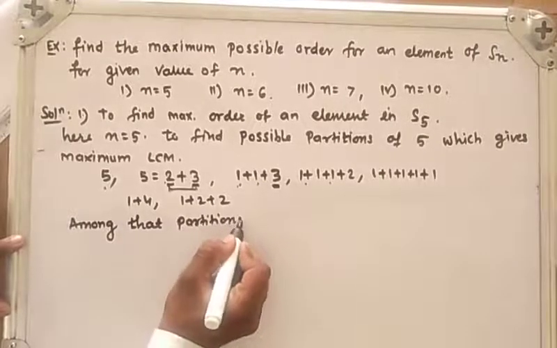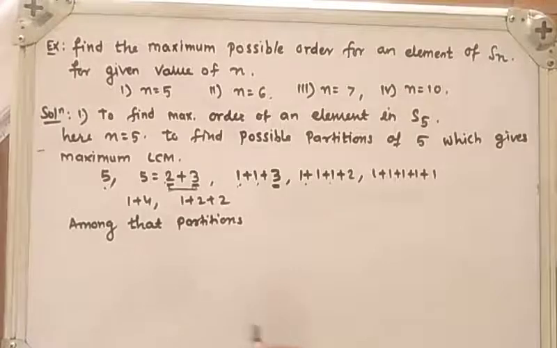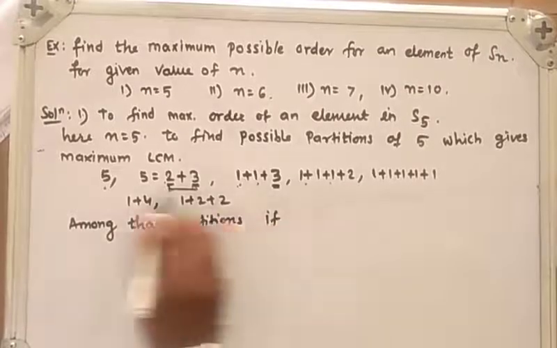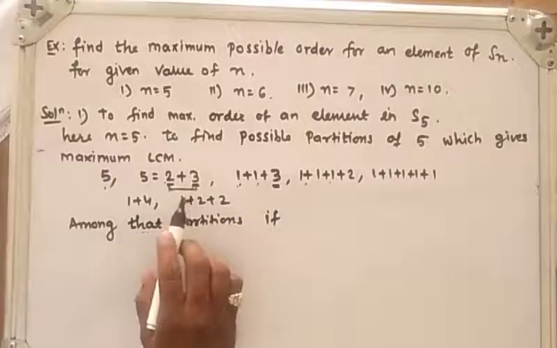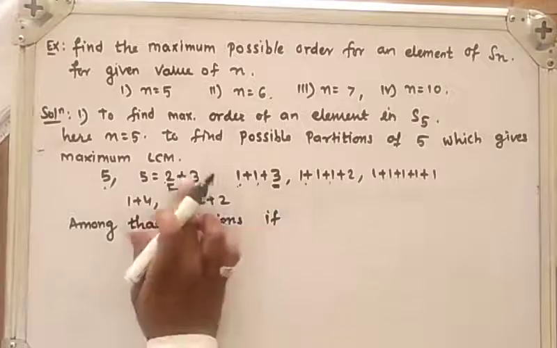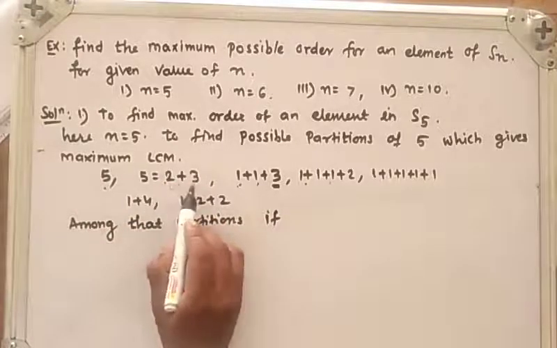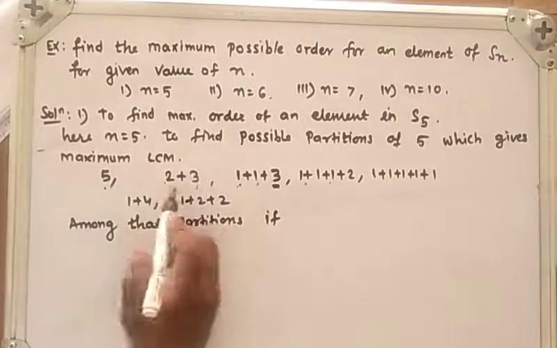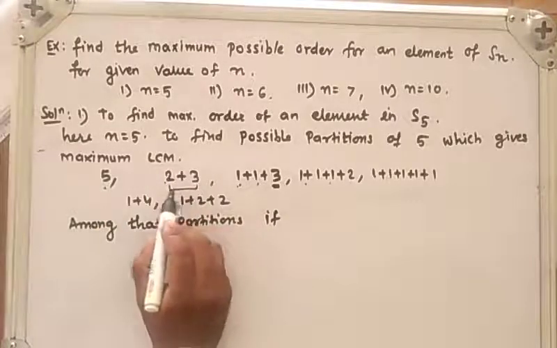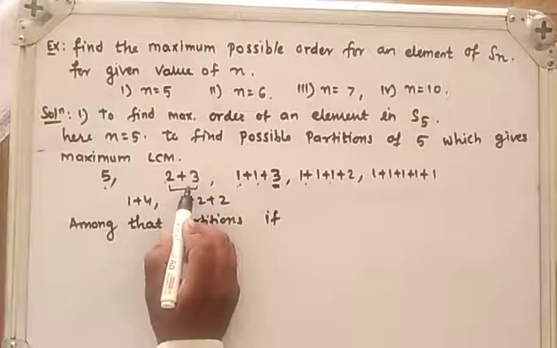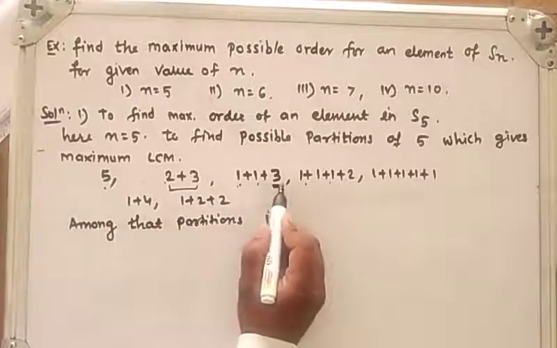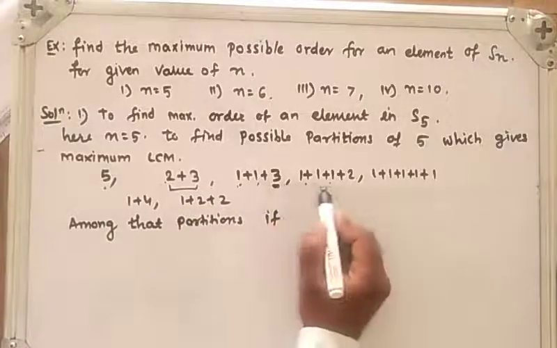So among the partitions, which partition gives maximum LCM? Here 5 gives only LCM 5. 2 and 3 is a partition of 5, which gives LCM 6. Next 1 plus 1 plus 3, which gives LCM 3.